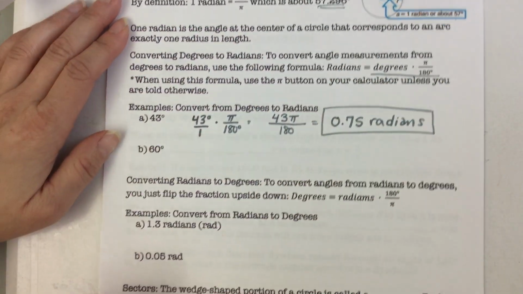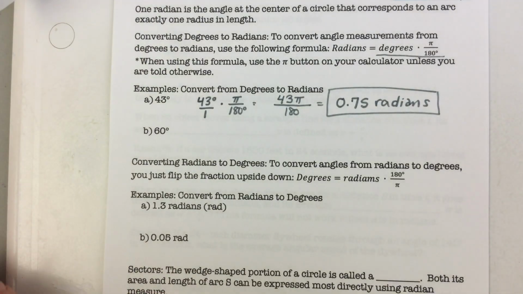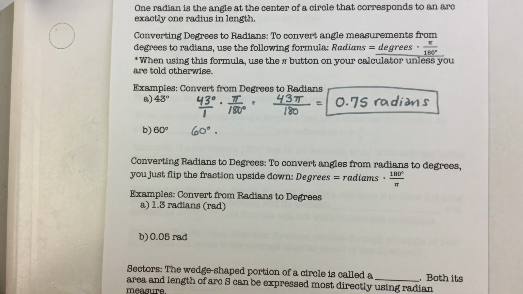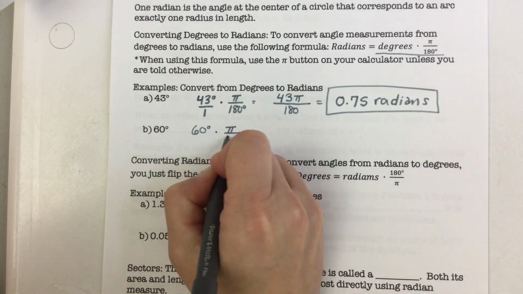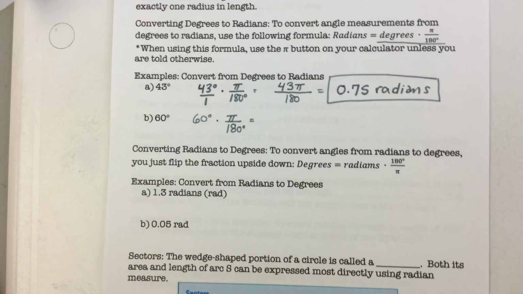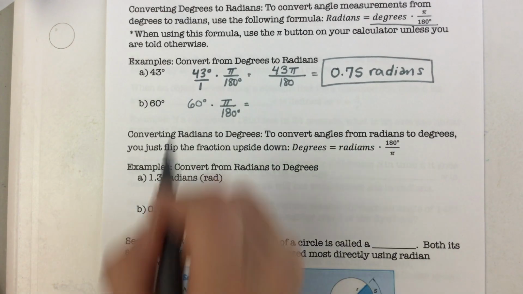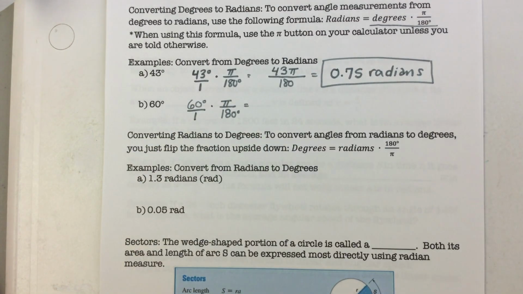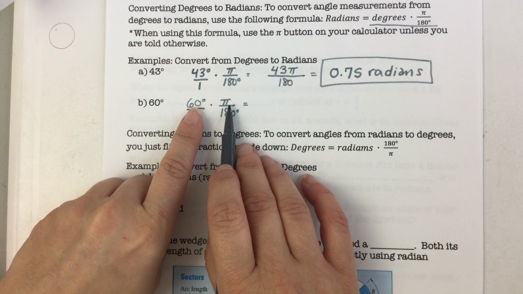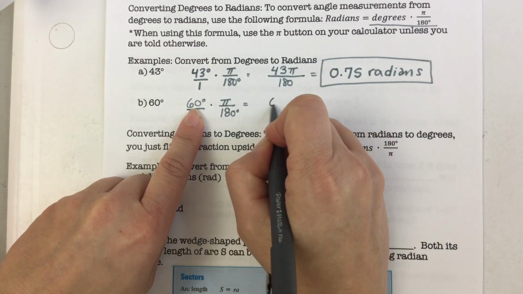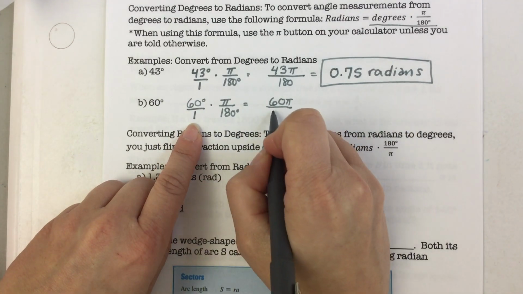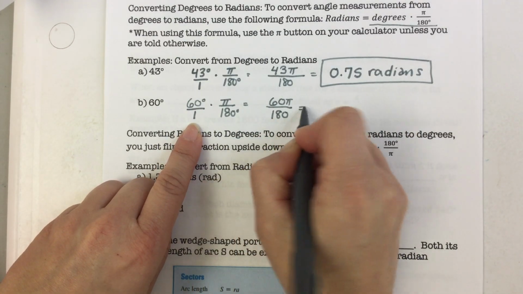Okay, let's do another one. If I have a 60 degree angle and I want to convert it to radians, the fraction is pi over 180 degrees. So in order to use our skill multiplying fractions, I turn 60 degrees into a fraction by putting a 1 underneath. Now I can take top times top. 60 degrees times pi is 60 pi over 1 times 180 is 180.